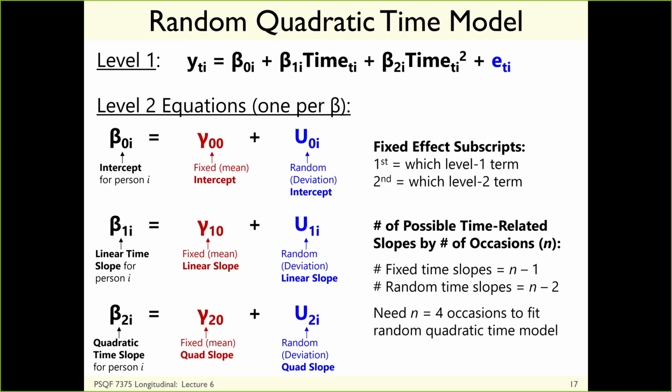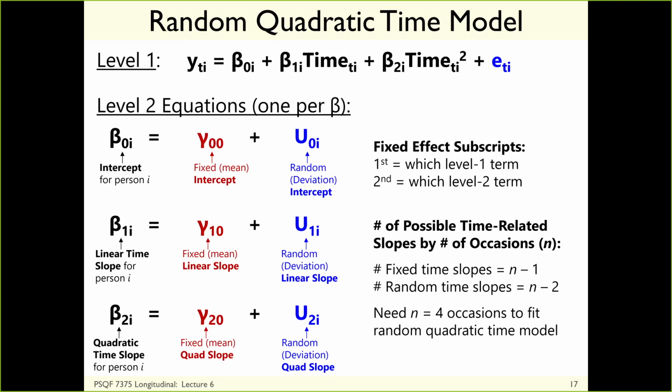So if we add up everything on this page, how many parameters are in my model? Let's figure this out. We'll divide it up into the sides. So model for the means. How many fixed effects are in this model? Fixed intercepts or fixed slopes? Yes, 3.